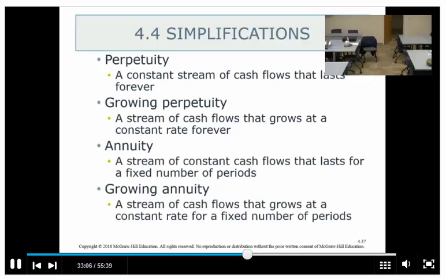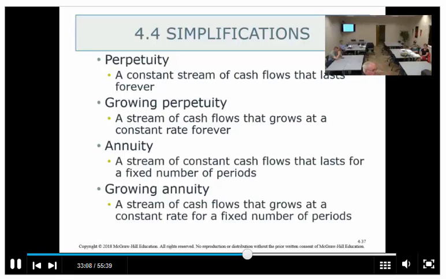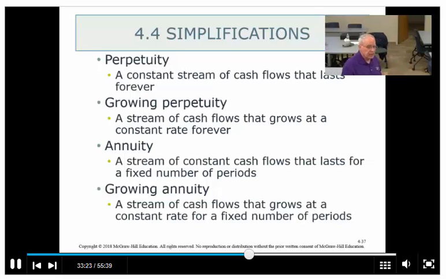Now, when we get into bonds, coming up in a few minutes, the redemption value, the maturity value of the bond at the end of the bond's life, we calculate the present value of that as the present value of a single amount. The semi-annual interest payments are actually an annuity, and we solve for the present value of an annuity, and I'll show you how to do that when we get to the bonds.